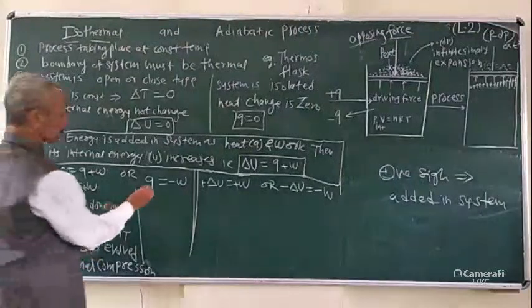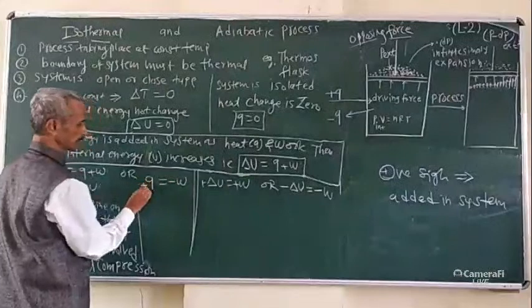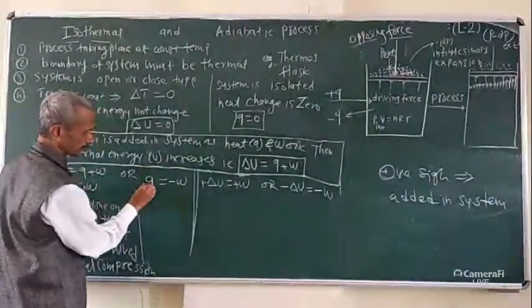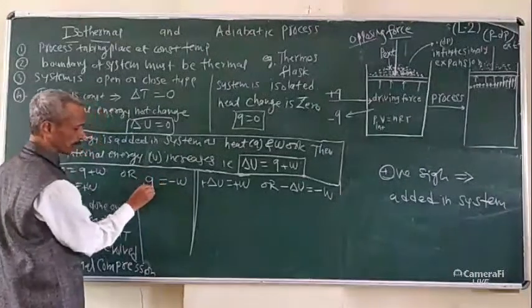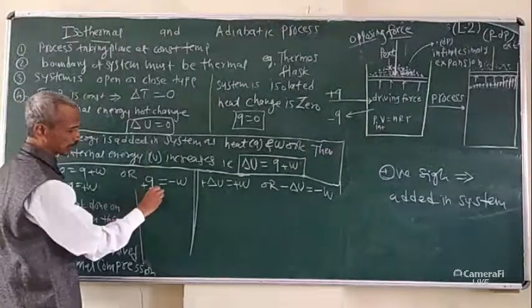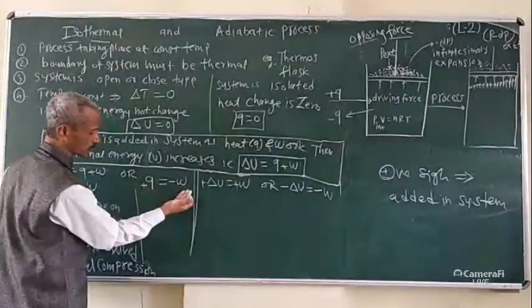Now consider Q is equal to minus W. The plus sign is there. If we add heat into the system, then the temperature tends to increase. To maintain the temperature, the system does work and some of the heat energy is converted into work.